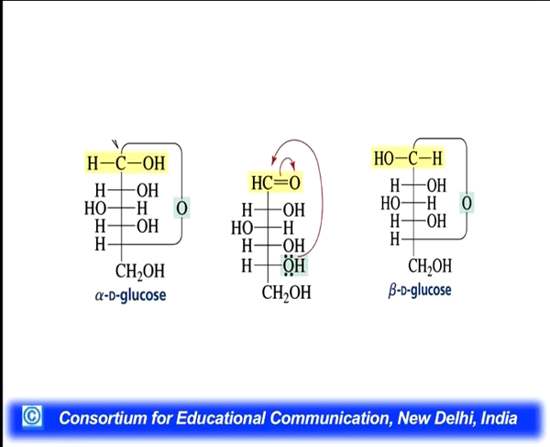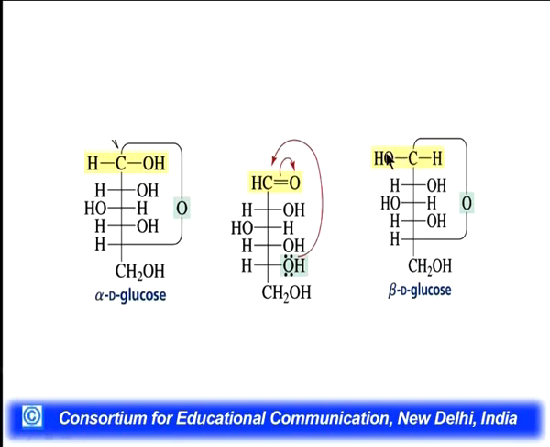So if we do the reaction of this hydroxyl group which I have highlighted, the lone pair of electrons on this oxygen forms a bond with this carbon, resulting in a 6-membered ring, that is first 1, 2, 3, 4, 5 and 6. So this oxygen is forming part of this ring.